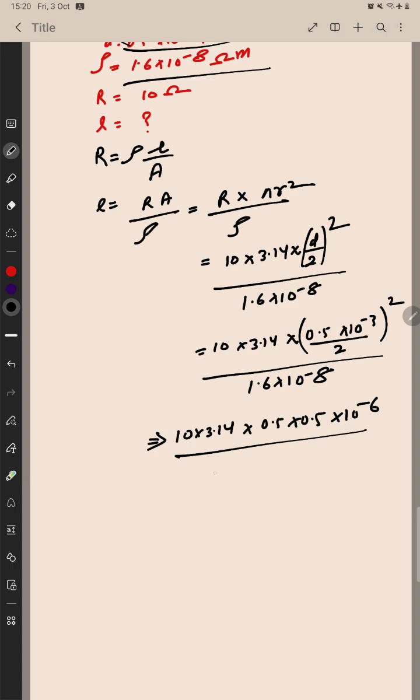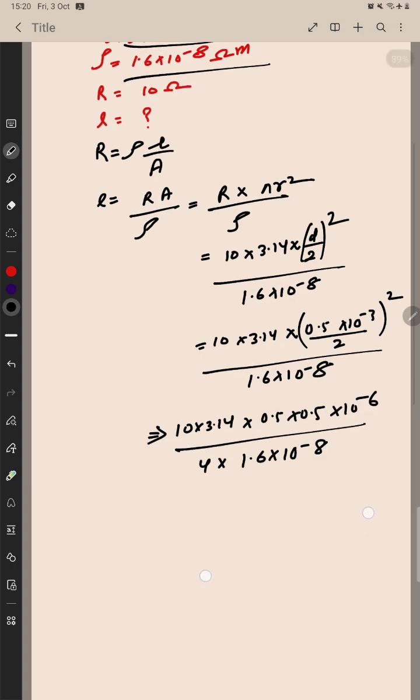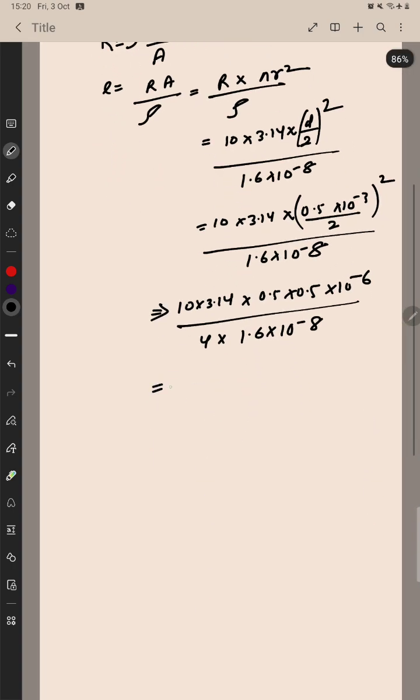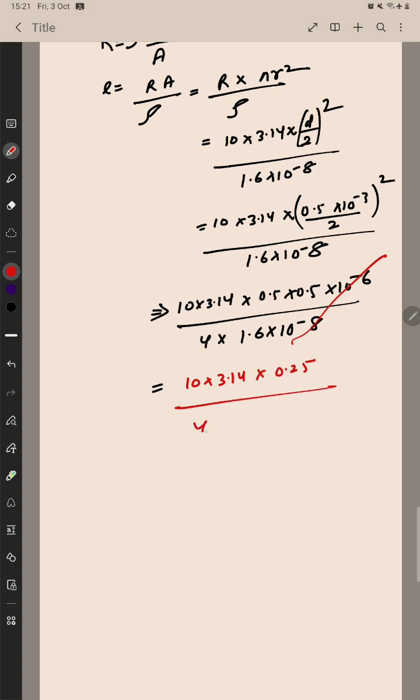This 2 in the denominator will become 4. 4 multiplied by 1.6 into 10 power minus 8. This 6 and 8 are going to cancel out, so 10 multiplied by 3.14 multiplied by 0.25 divided by 4 multiplied by 1.6 multiplied by 10 power, what will be there, students? It is going to be minus 2.